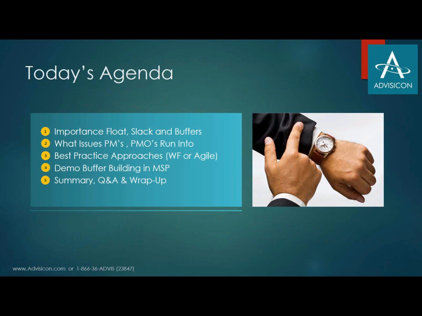I'm going to show you some tips, tricks, and shortcuts in the tool, which should be fun. Again, we'll get into what issues project managers and PMOs run into when using float, slack, or buffers, and kind of define that. And then we'll talk about whether it's Agile or Waterfall or a blend between the two. But overall, I want to make sure that you have a chance to look at some of the opportunities to manage that and do that inside of your own technology. Specifically, I'll be using Microsoft Project today.